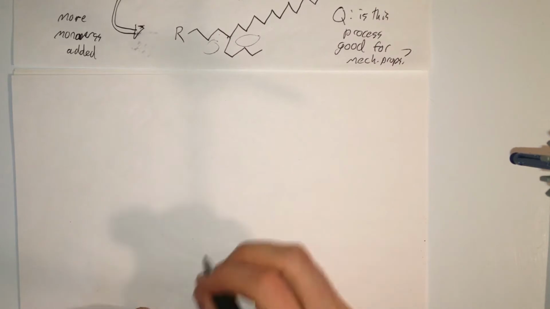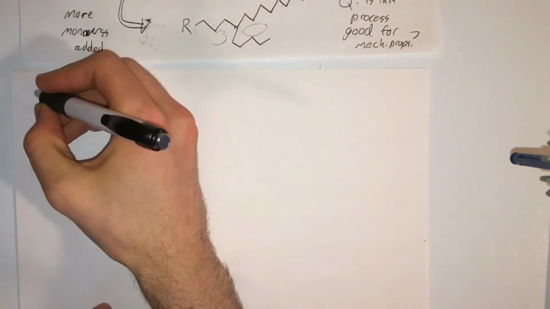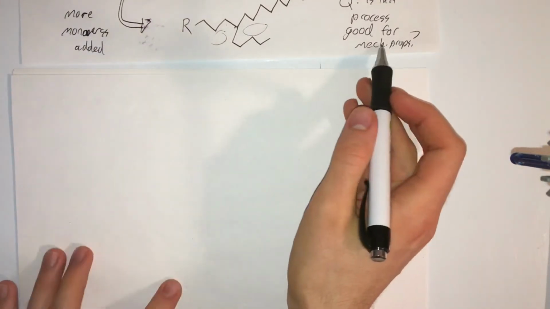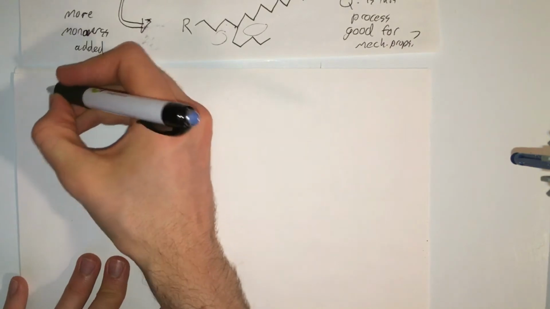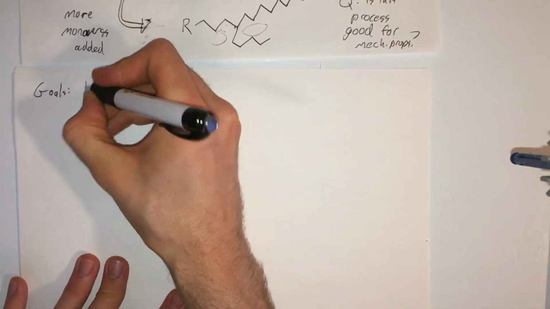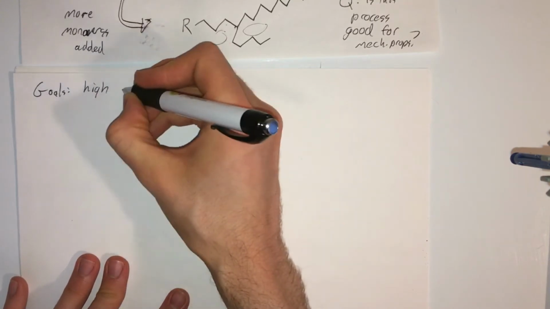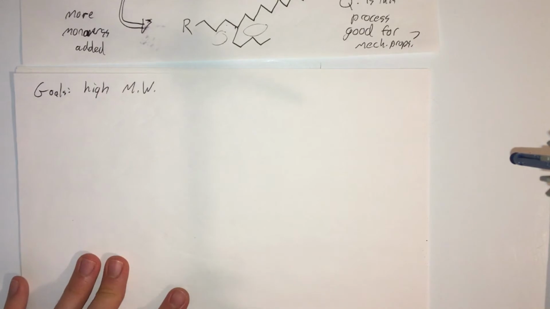All right, so we might have two main goals when we're polymerizing things. Our first goal, as we were just talking about, is often good mechanical properties, which is usually associated with a high molecular weight. So usually we want a high molecular weight.